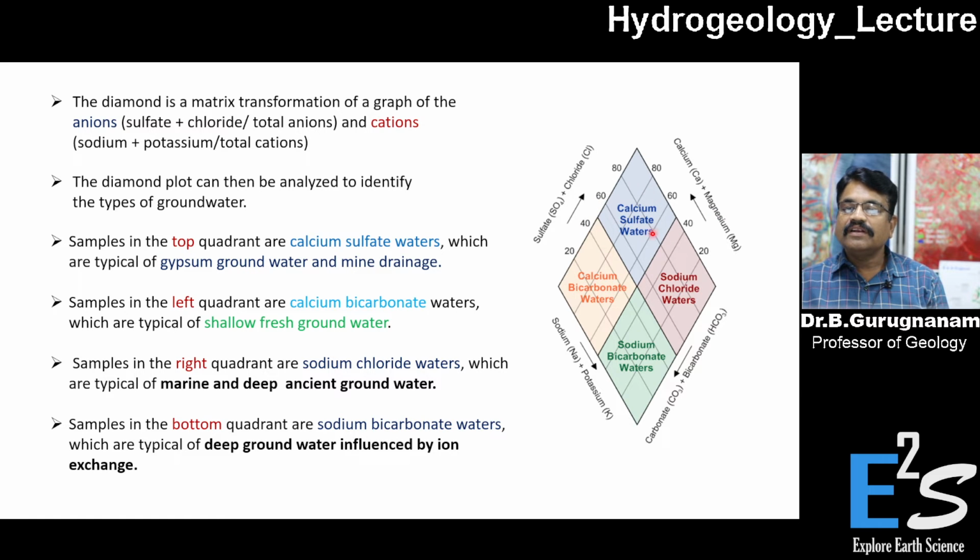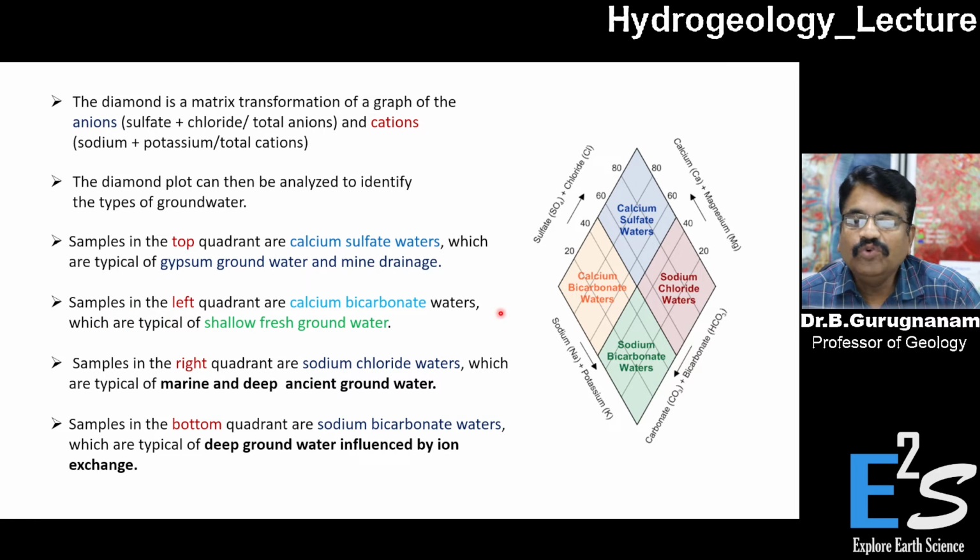This is one. What is the top quadrant? The top quadrant is calcium sulfate water, which is typical of gypsum groundwater and mine drainage. This was evaluated by many scientists.